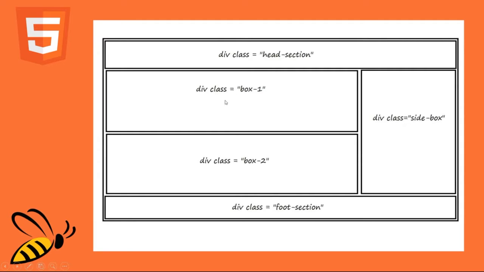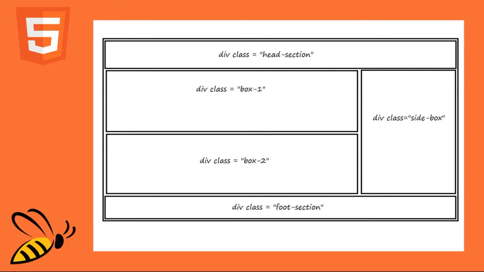So why? This is a normal div class section. Here you could see div class equal to head section, box 1, box 2, footer section, side box. In CSS, while editing or while using grid properties, this is more complex.